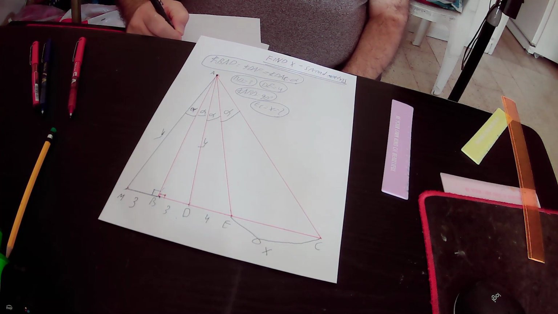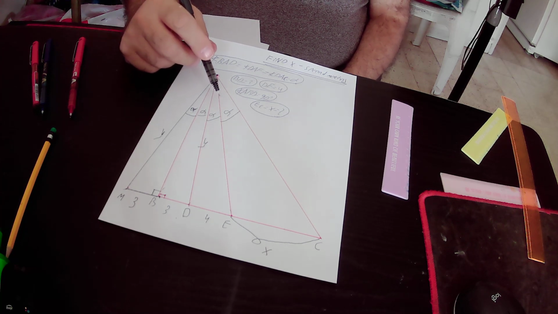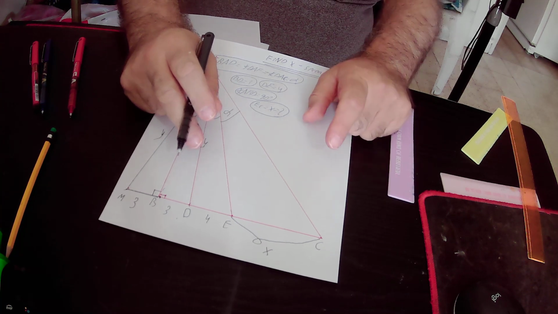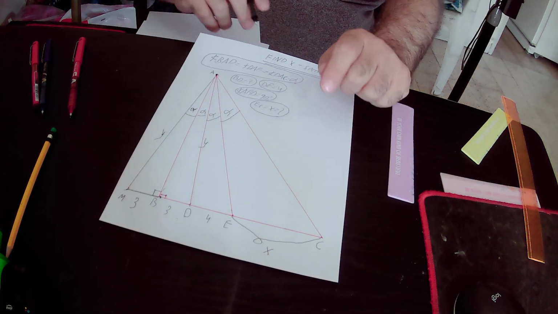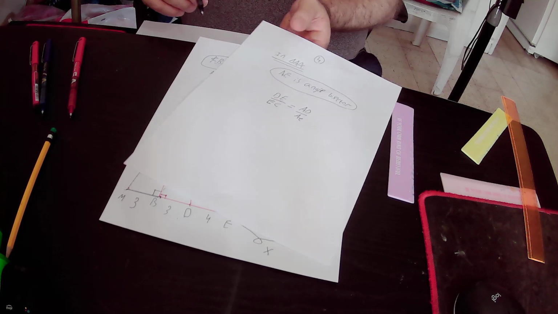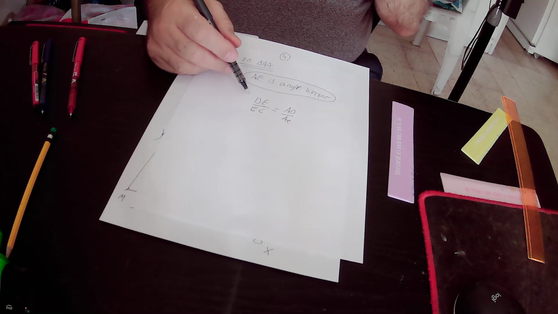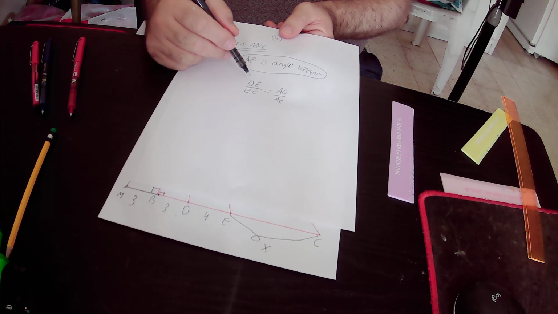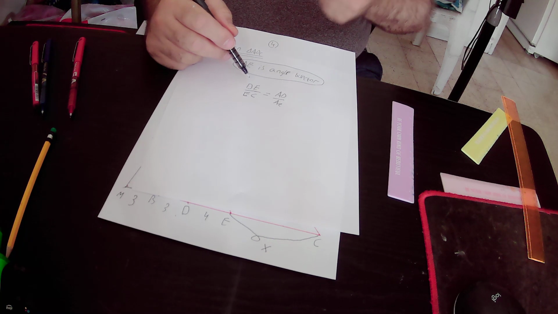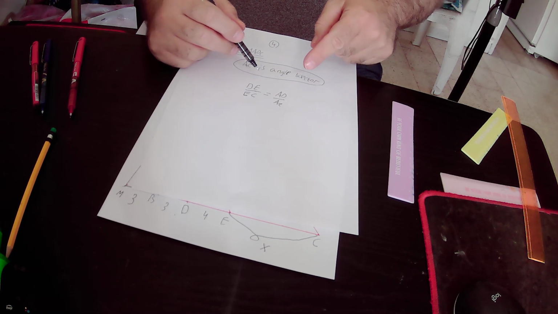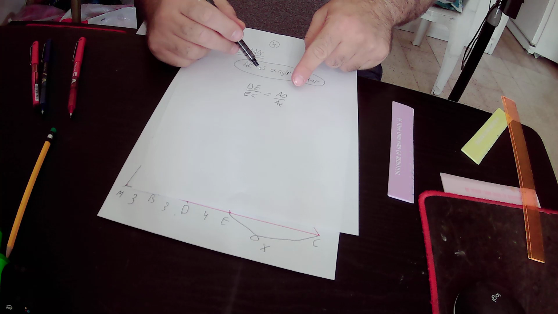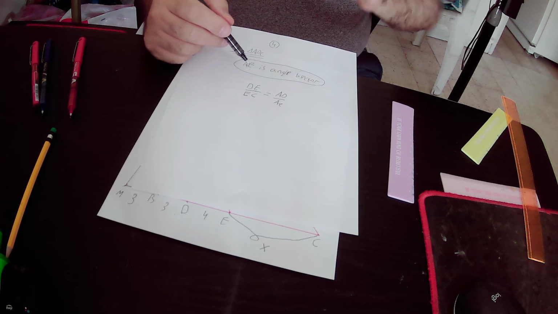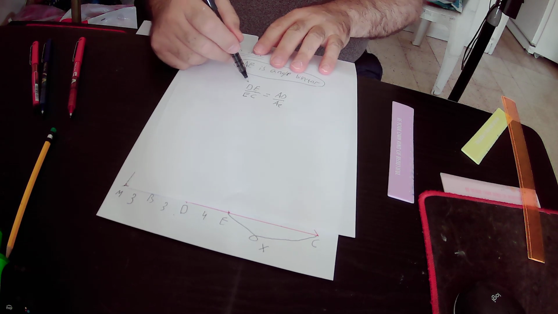So the ratio that angle bisector AE divides side DC, DE over EC, equals the ratio between the angle legs, AD over AC.